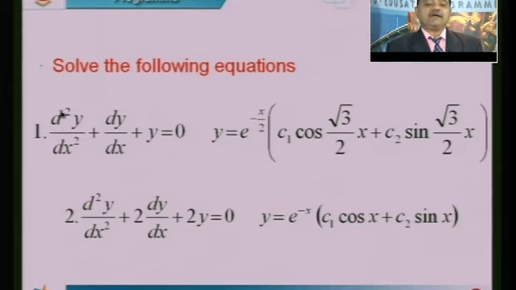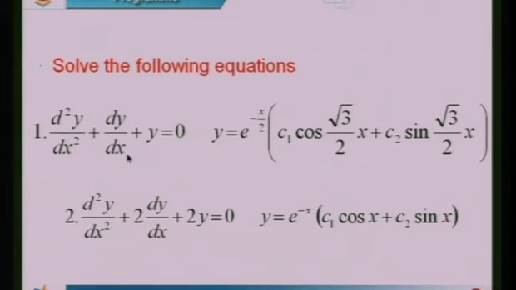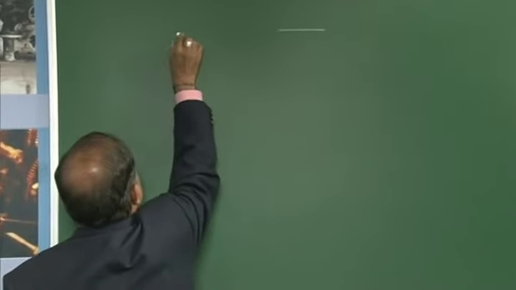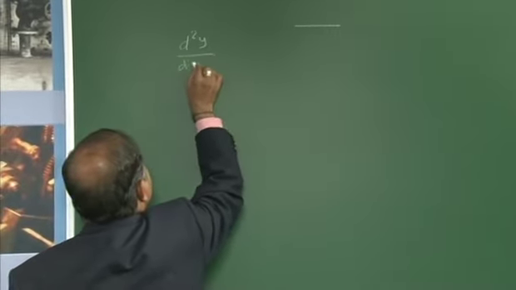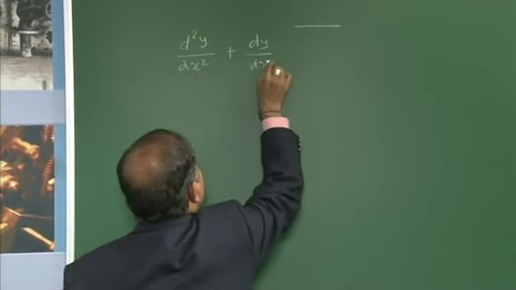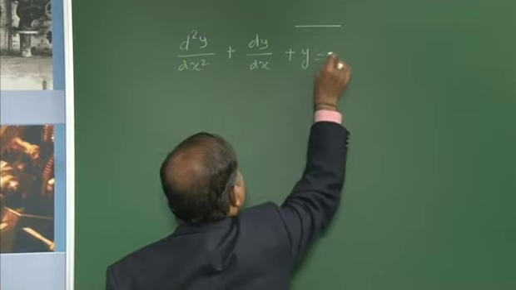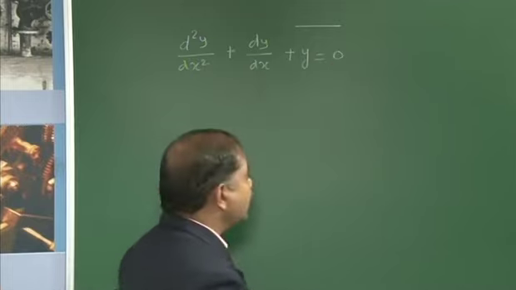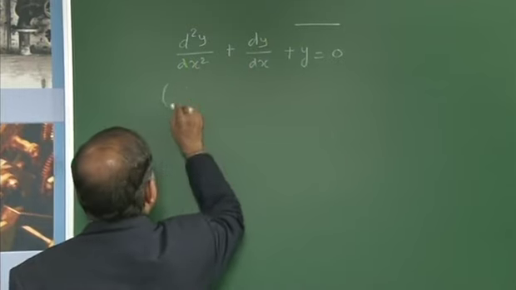d square y by dx square plus dy by dx plus y is equal to 0. This is the differential equation. What is its standard form?